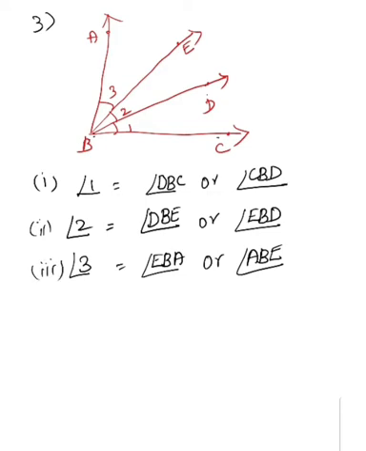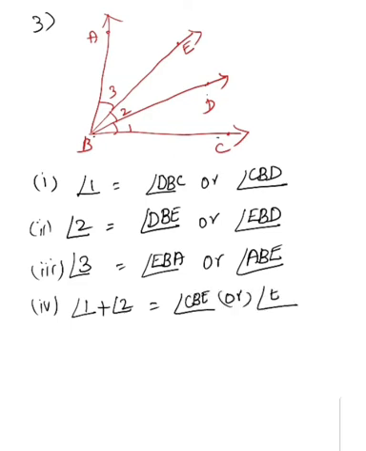Then the fourth one is angle 1 and 2. You take it CBE or EBC. Then the fifth one is angle 2 and 3. You take DBA or ABD.